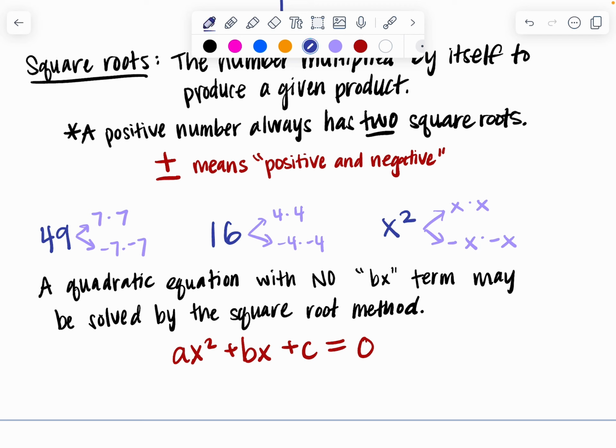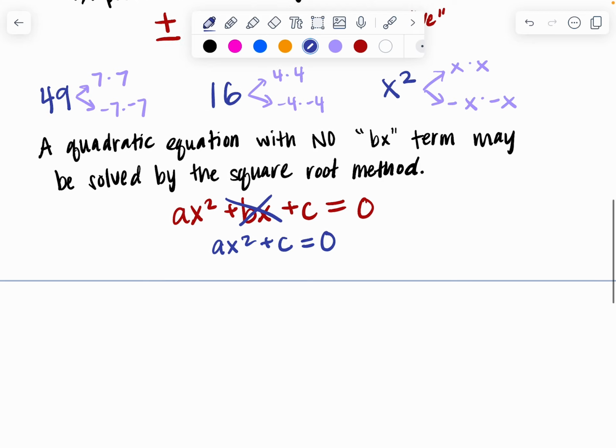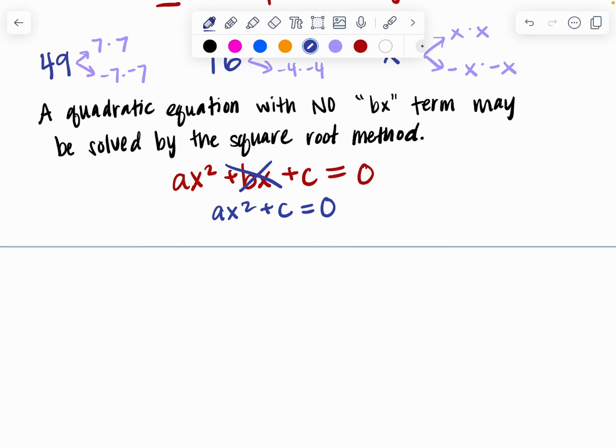So we are talking specifically about an equation that doesn't have a bx term. It's just ax squared plus c equals 0. Those are the types of equations we will use this method for.